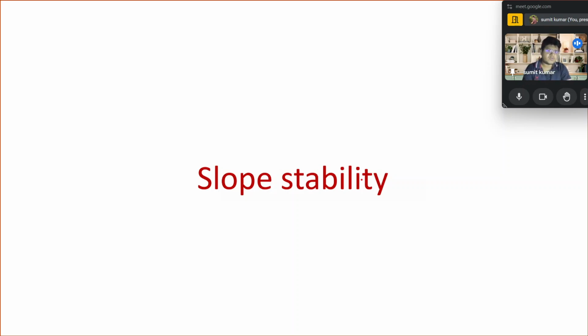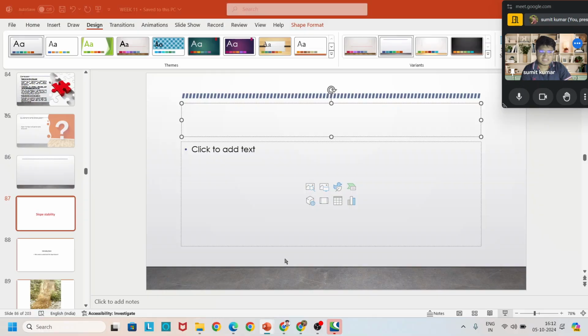So how to prevent the chances of damage which occurs throughout the world and our country could be reduced with the contribution of you and me, which is very much important. Those are the aspects we are going to take up during our study of slope stability.